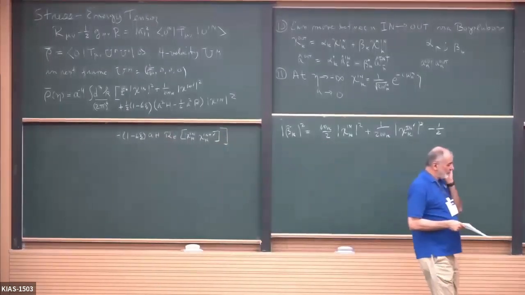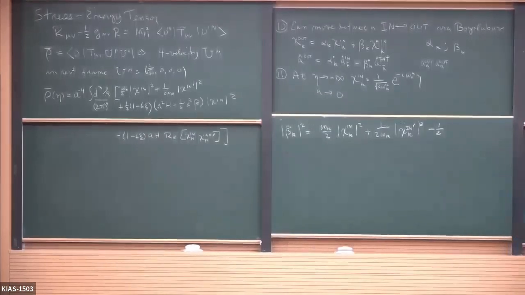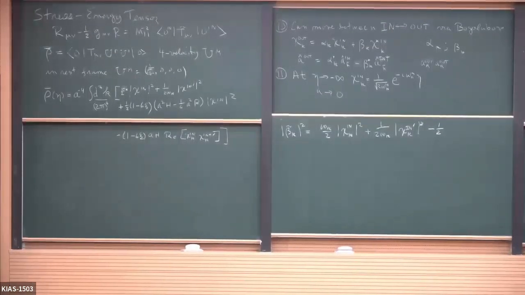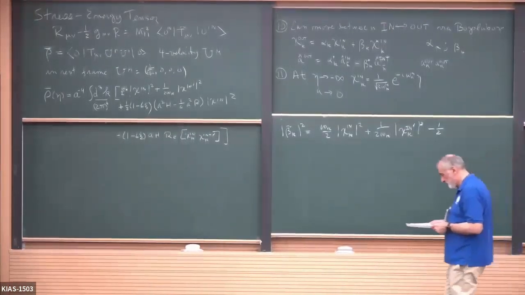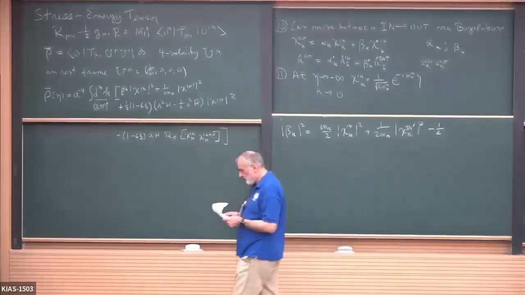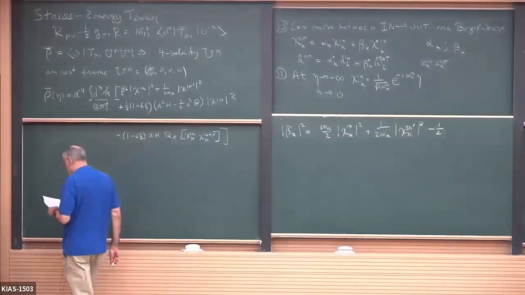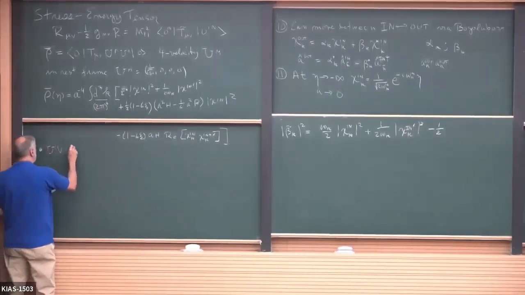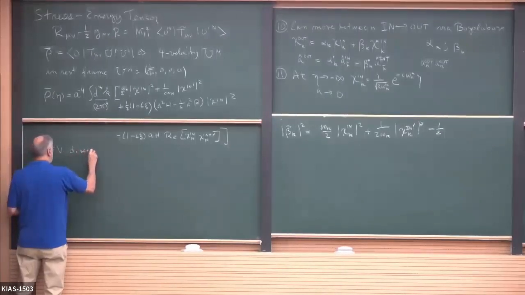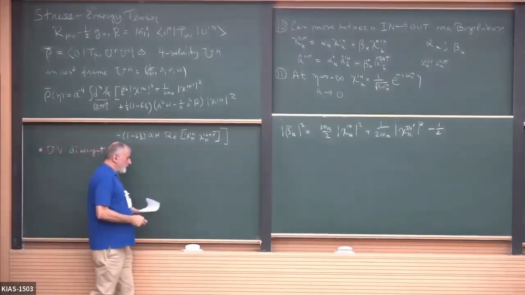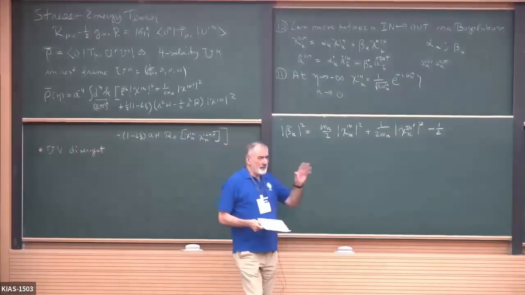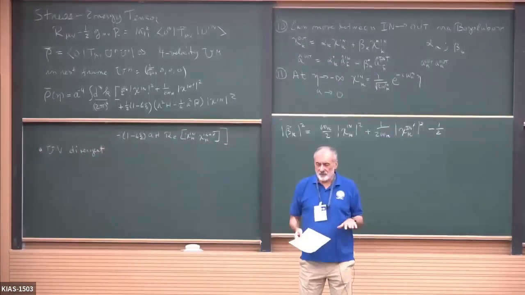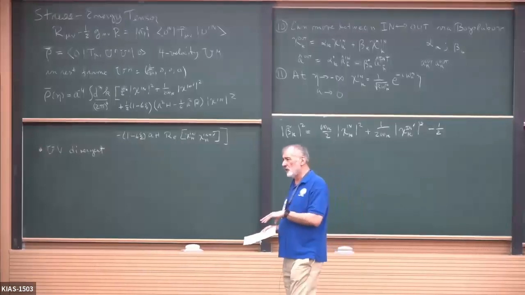And as I hinted or said, it will be UV divergent. So we have to do some regularization. And you see in the literature two regularization schemes. One I will not employ.